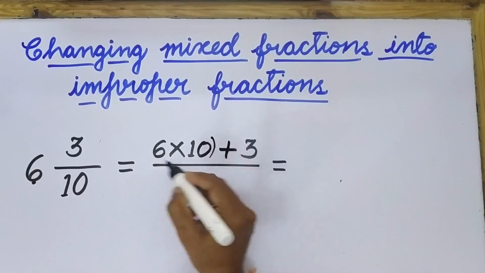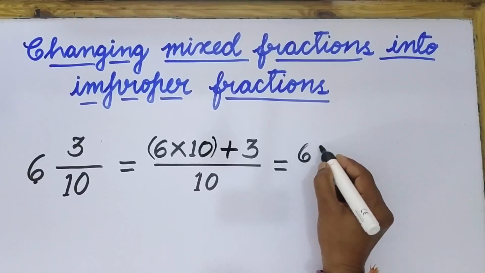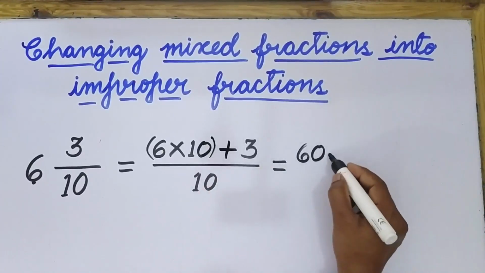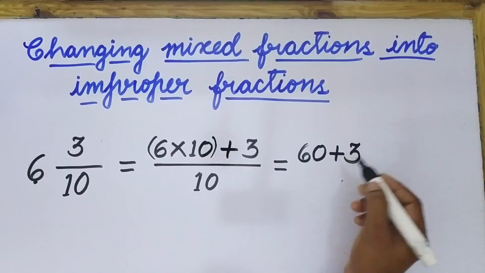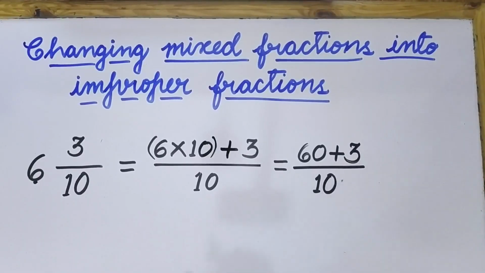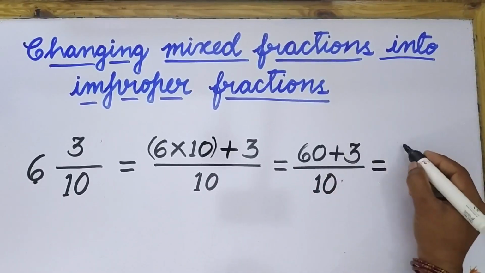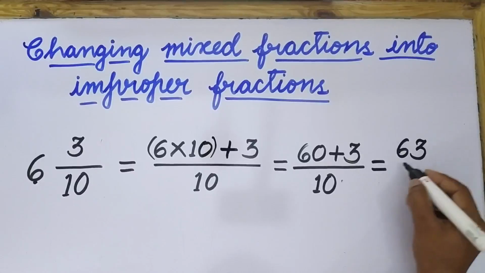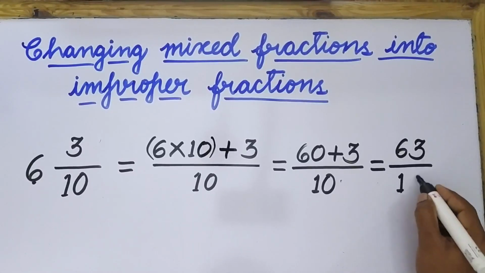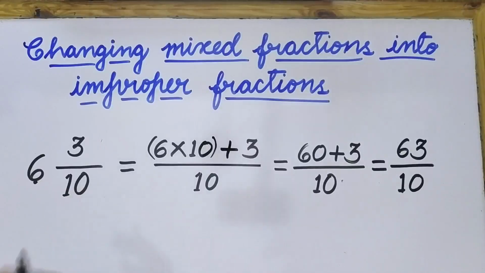First we need to multiply these two. 6 tens will be 60. To that 60 we need to add the numerator 3. Keep in mind, don't forget to write the denominator. Then finally add the numerator. 60 plus 3, 63 by 10. This is the improper fraction for the given mixed fraction.